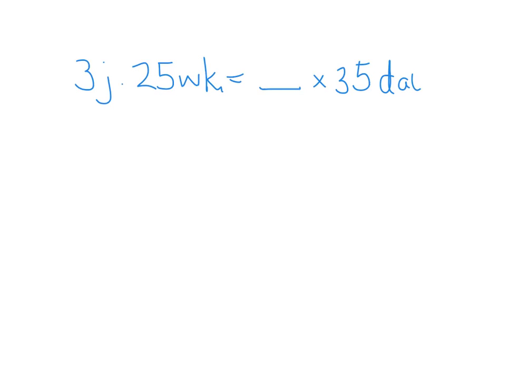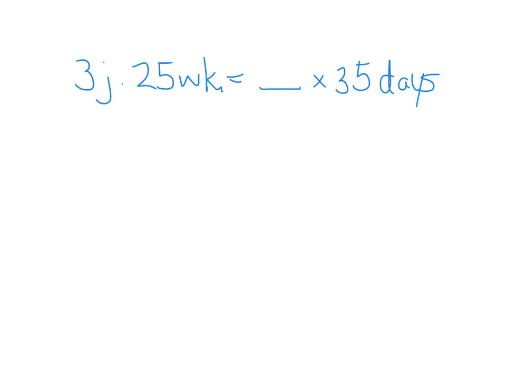Okay, 3J. And I have 25 weeks is blank times as long as 35 days. Okay, first thing I want to do is convert weeks to days because I'm trying to find an answer that's in days, right?